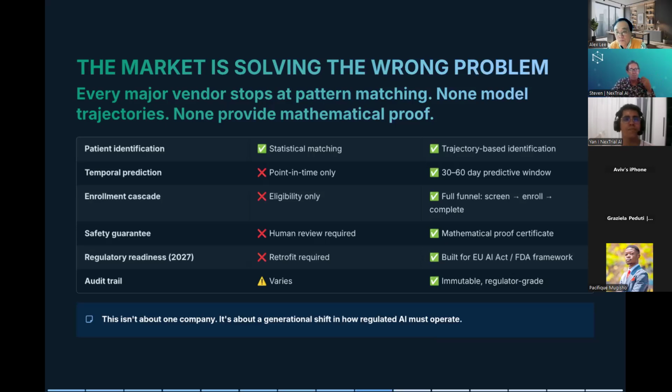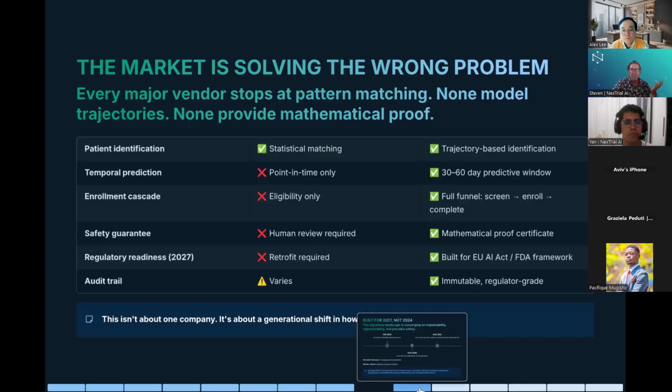So the EU AI Act, the FDA is trending towards requiring explainability and reproducibility. By 2027, a model that is 87% accurate won't be sufficient for regulatory submissions. So the question is, who's building for that future now?